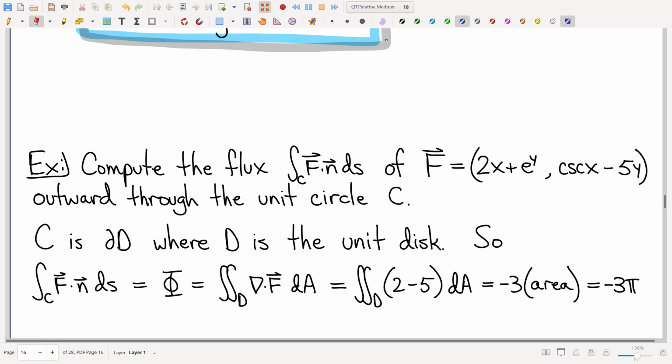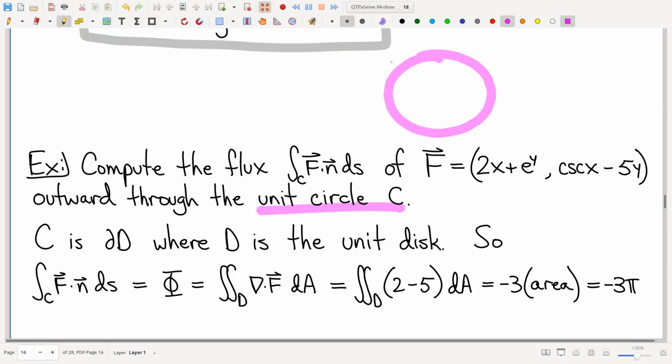Okay, so let's think this through really carefully. We are looking at, it says right here, the unit circle. And then it says right here, outward. So, like that. And so, is that a boundary, orientation included, in the sense of how we compute boundary fluxes? Totally. This is absolutely the boundary, oriented and all, of that unit disk.